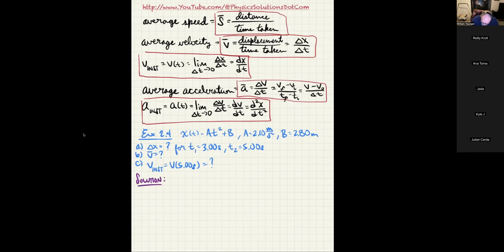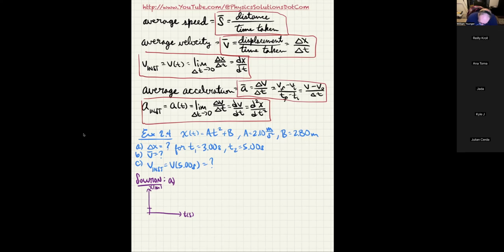So our solution is the following. We're going to make use of all these things that we already did, those equations up there. I'm not going to take the time to write them because I just finished doing that. But for part A, I'm just going to mention that the position as a function of time actually looks just like this.